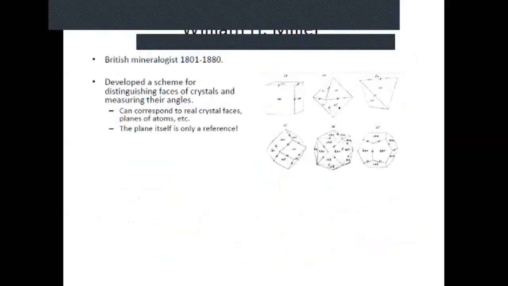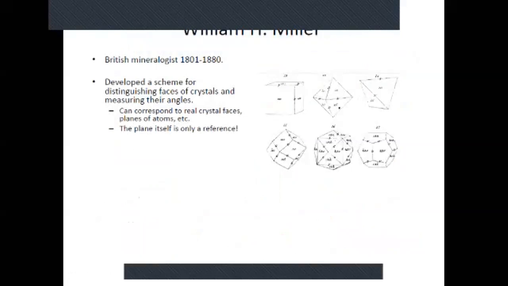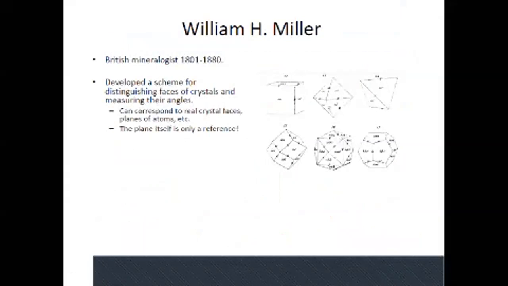So those were directions. It wasn't until the 19th century that a mineralogist, William H. Miller, developed a scheme for distinguishing the faces of crystals and measuring their angles. And so this can be corresponded to the real crystal faces, planes of atoms. But again, the plane itself is only a reference that we use for crystallography.